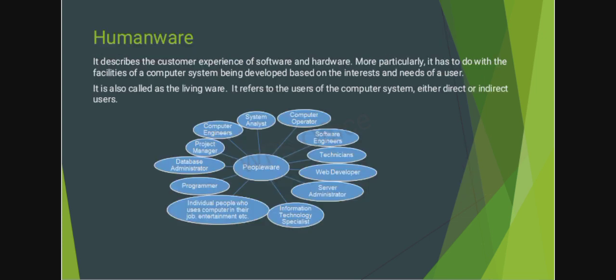Humanware. It describes the customer's experience of software and hardware. More particularly, it has to do with the facilities of a computer system being developed based on the interests and needs of a user. It is also called the livingware. It refers to the users of the computer system, either direct or indirect users.